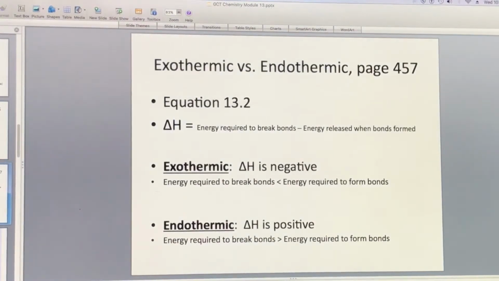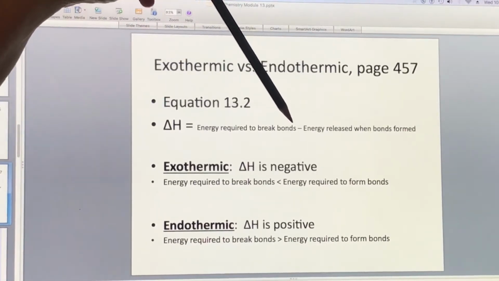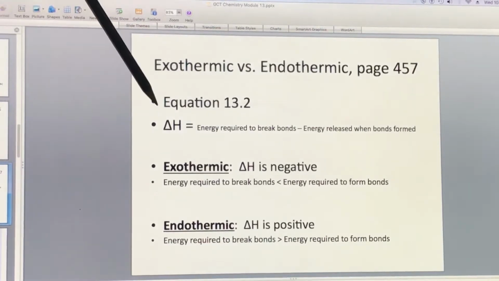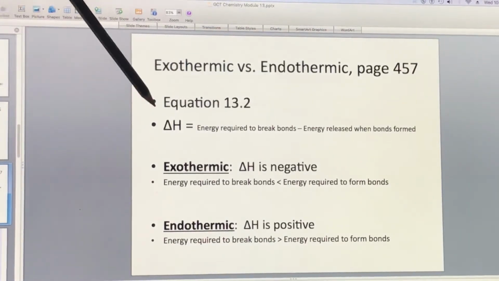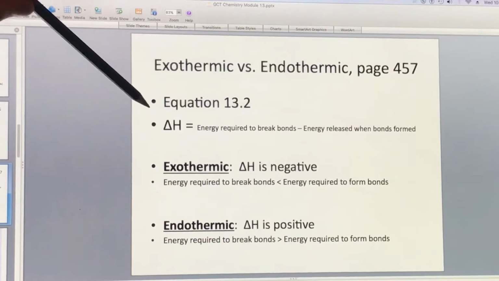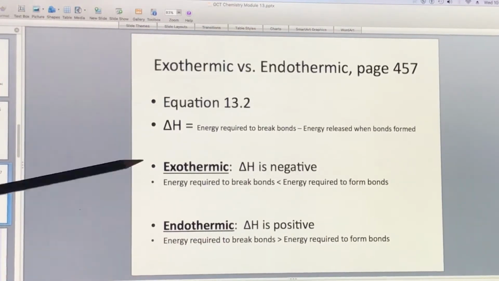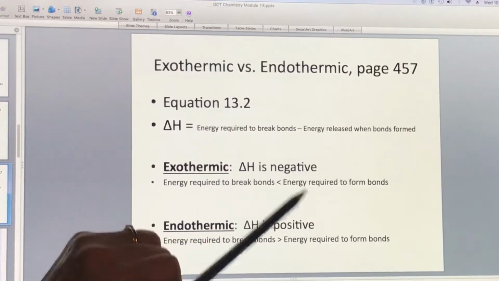So let's review this concept of delta H in exothermic versus endothermic reactions. To review the equation we just looked at, delta H is the energy required to break bonds minus the energy released when bonds are formed. That mathematical formula can help us arrive at the delta H. Now we remember from the beginning of the module, if a reaction is exothermic, the delta H is negative.